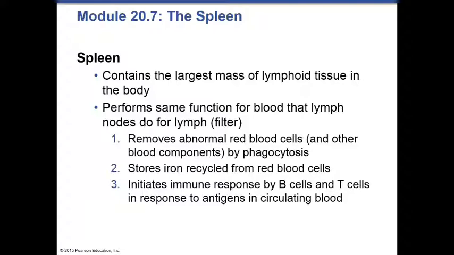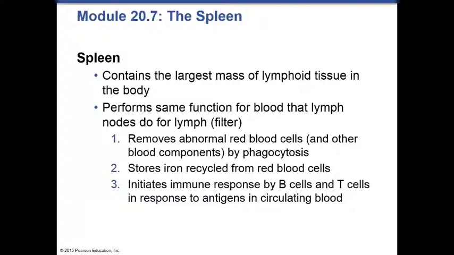In addition to containing a large mass of lymphatic tissue and cells, it's also going to remove abnormal red blood cells. You know that red blood cells only circulate for about 120 days, and just like the treasury getting rid of old, worn-out $1 bills, it's the same idea. As the cells start getting worn out, they're removed from circulation by phagocytosis.